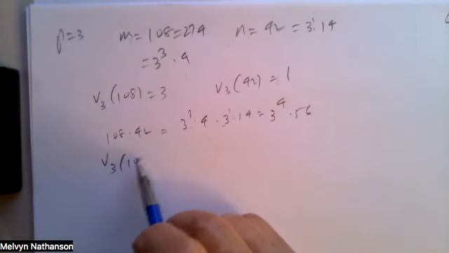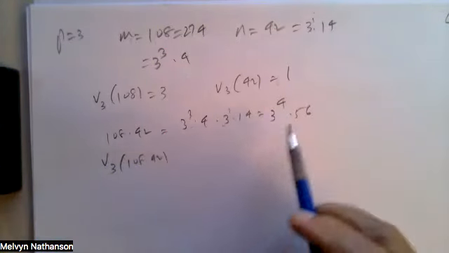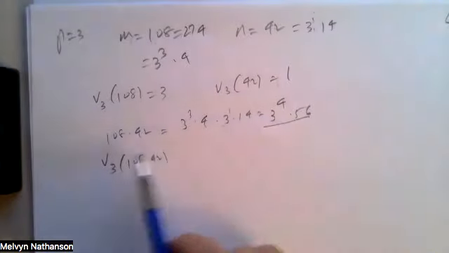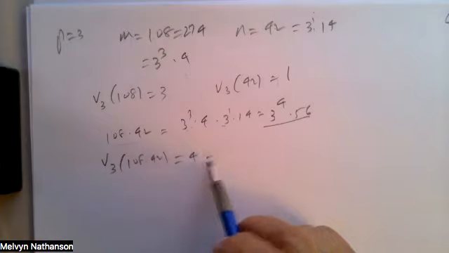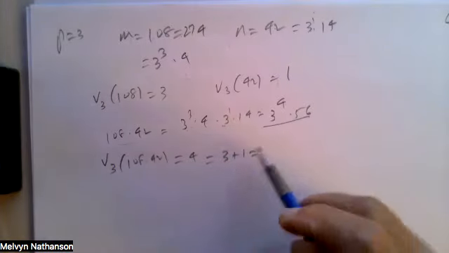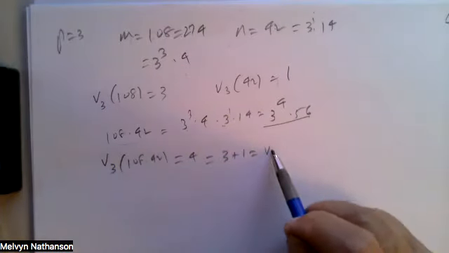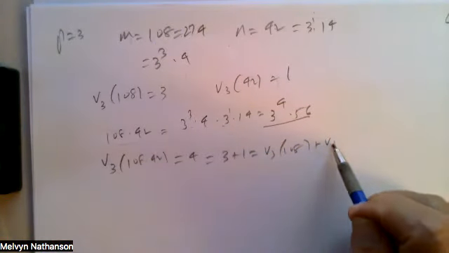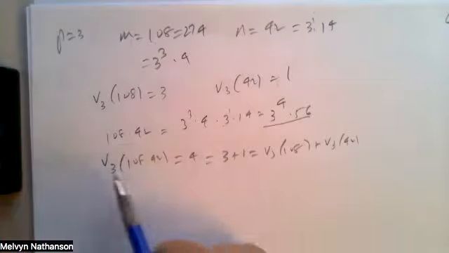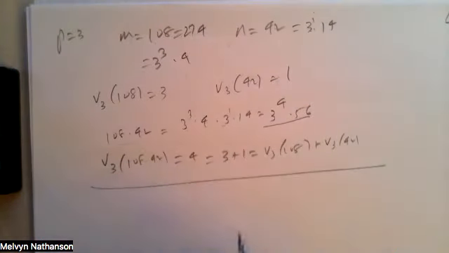So V3 of 108 times 42, the highest power of 3 dividing this number, is the fourth power, which is 3 plus 1. 3 was V3 of 108, and 1 is V3 of 42. Right, so this is just an example of what is being given in the exercise.